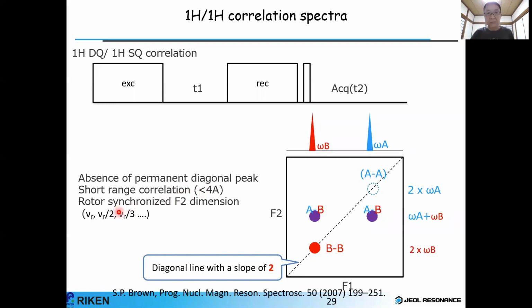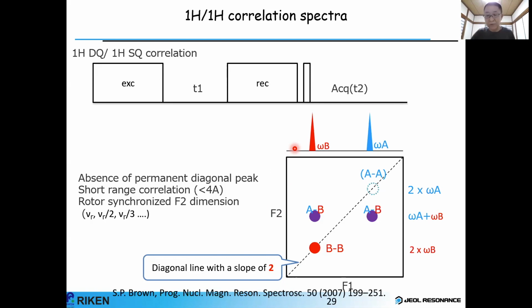In most double quantum experiments, we have to set up the F2 dimension synchronized to sample spinning. For example, if you spin the sample at 100 kHz, the indirect dimension must be 100 kHz or maybe 50 kHz, 25 kHz, 33.3 kHz, or something like that.